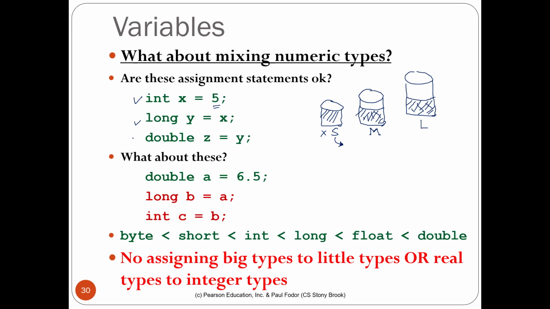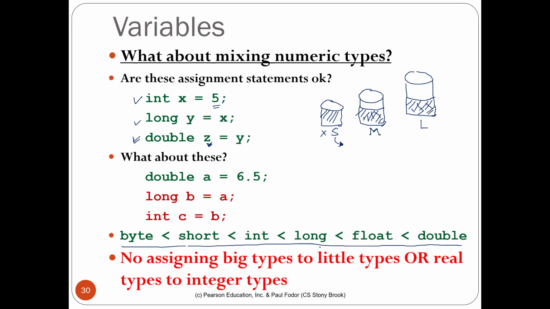How about this? Should we allow the long to be assigned to double? Yes, pretty much. Why? Because double is decimal representation and decimal representation has a better way of representing big numbers. If you're confused about this rule, then you need to follow this order.